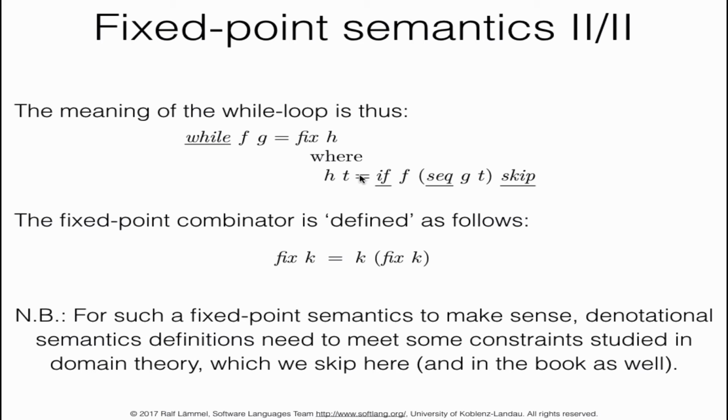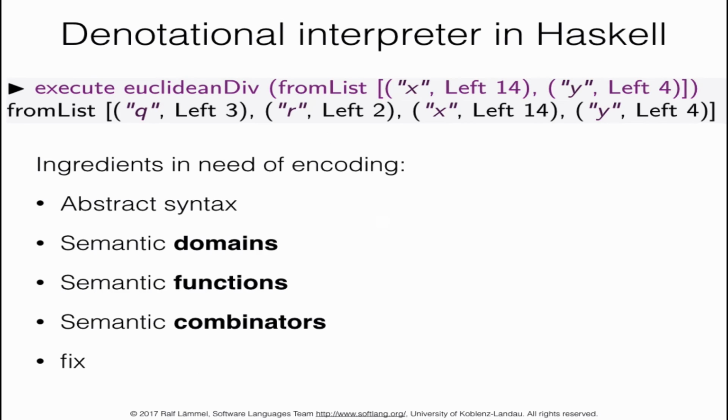So in essence, we cannot assume that we operate on naive sets and plain functions here, but rather on appropriately constrained algebraic structures. But we skip this here because we want to focus on the intuitive aspects of denotational semantics, in particular compositionality.